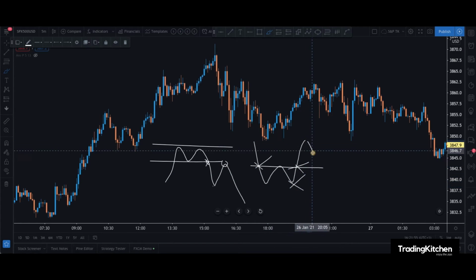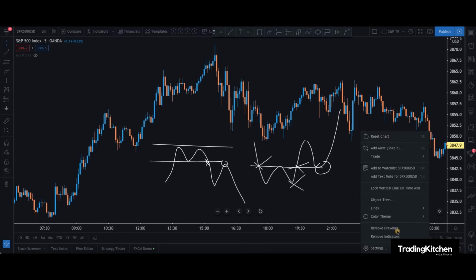We have to wait for the retest and then open a buy. This is the ABC of M and W formation.